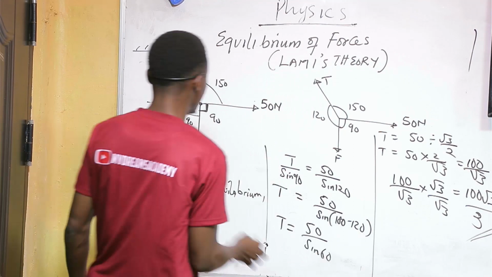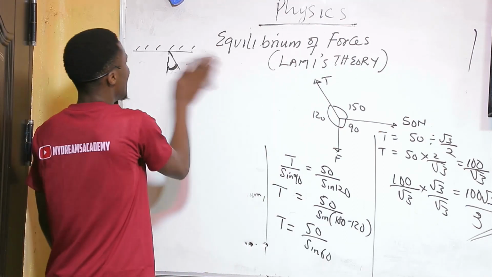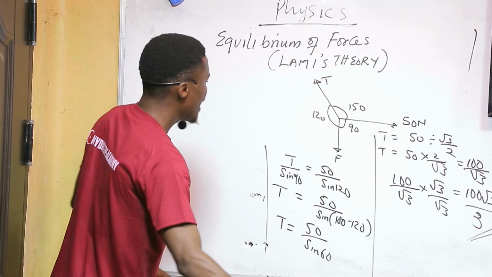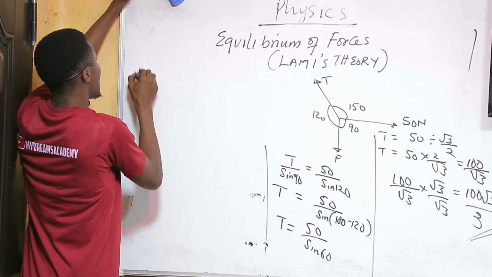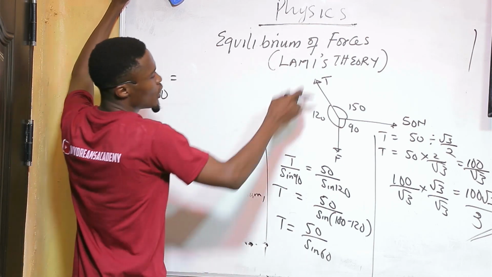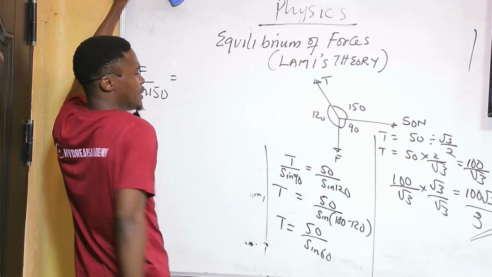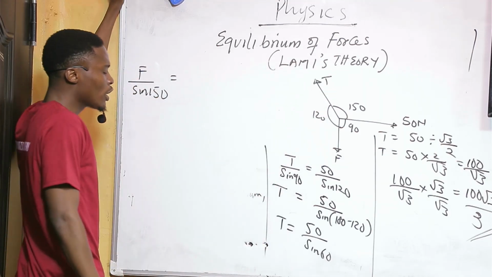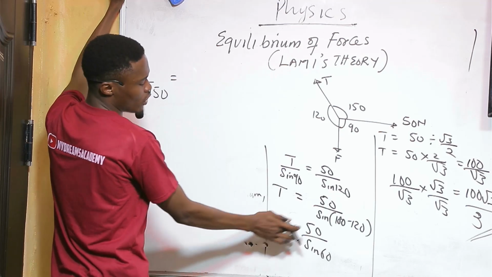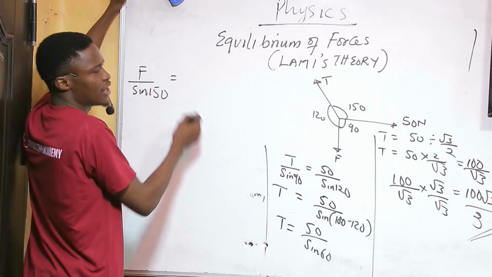Then we also use the same concept and solve for F. So I can go with this. I say F over sine 150 is equal to, I can still go with this 50, but let's twist it a little. Let's use T. What did we get as T? We got 100 over root 3. So we can use that.